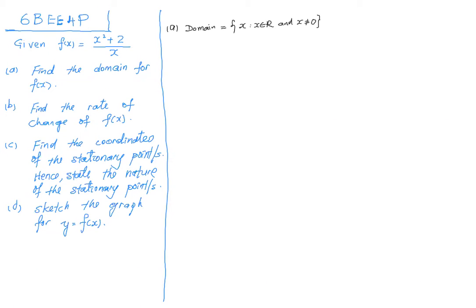So when you do this question, if you look at part D, you will have something in mind already when you sketch the graph for part D. So you have something in mind from A, right? What can you say about the graph?